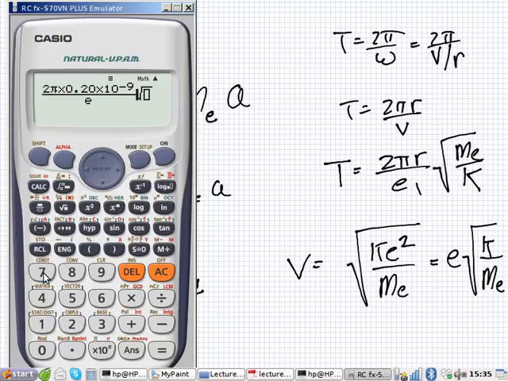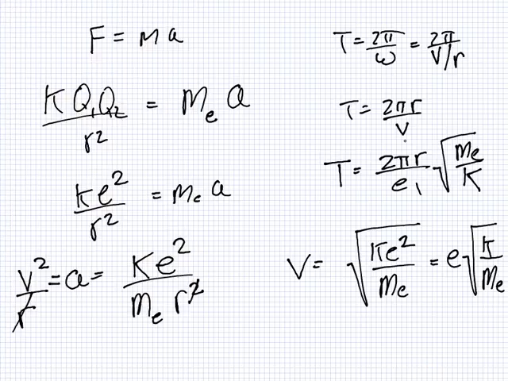Then inside this fraction is the mass over that K, 8.99 times 10 to the 9. This is what I was expecting, a very small time. If I put this in pico, I get 79 picoseconds.